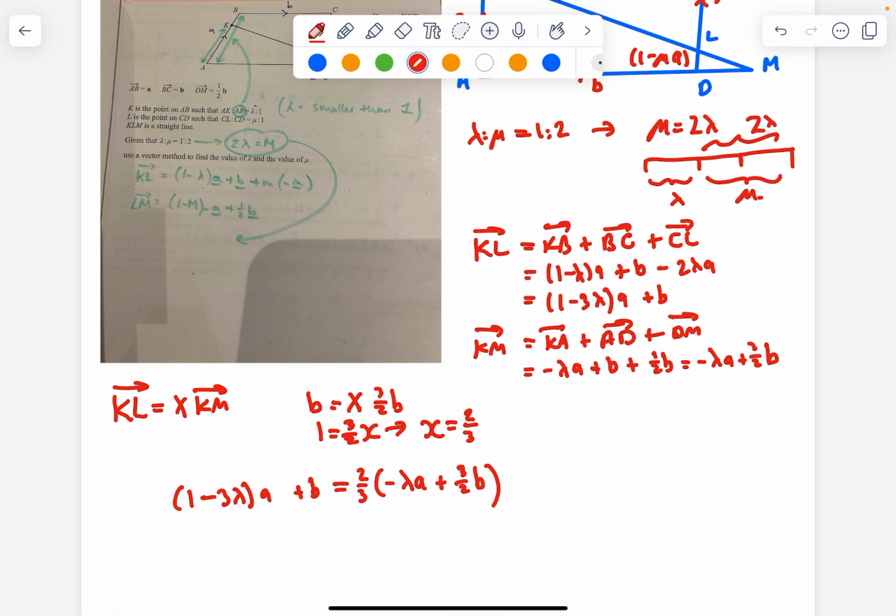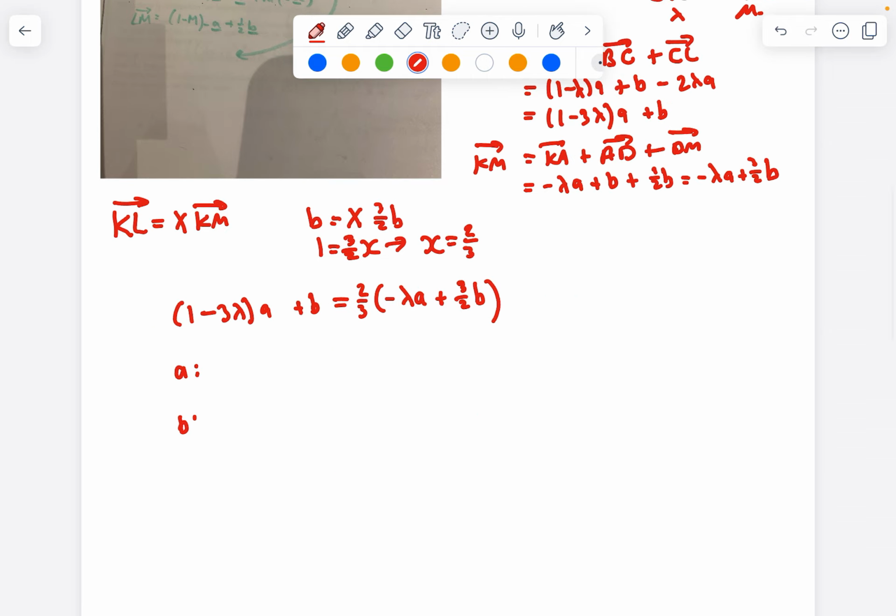If I compare my A's, I make an equation in A, and an equation in B. In A, I've got 1 minus 3 lambda is equal to minus 2/3 lambda.